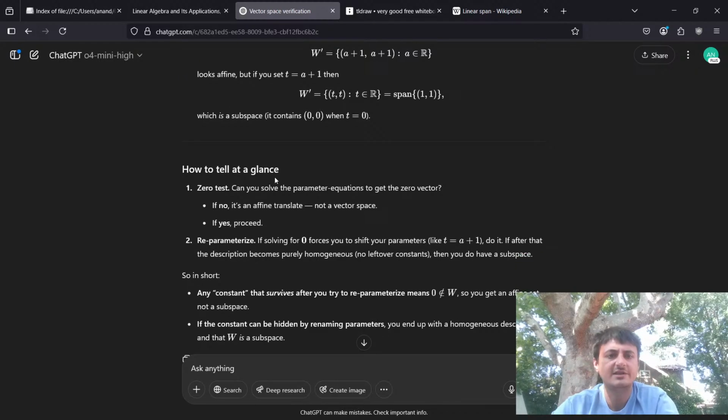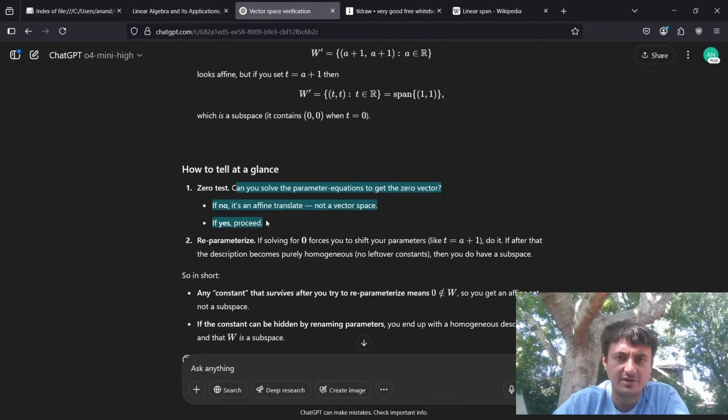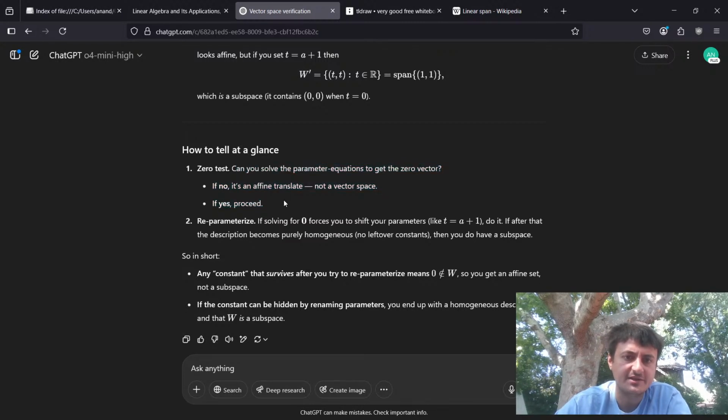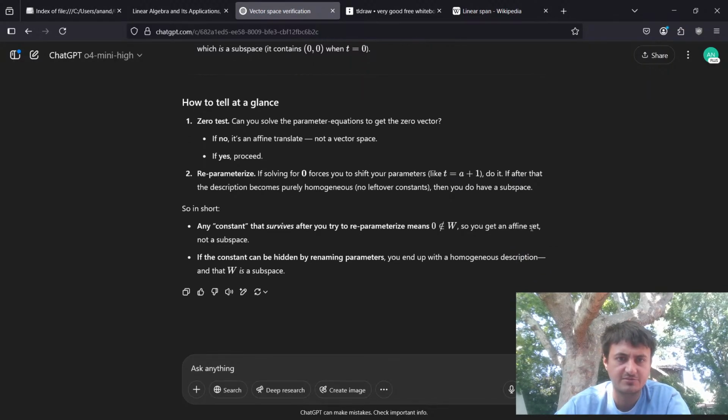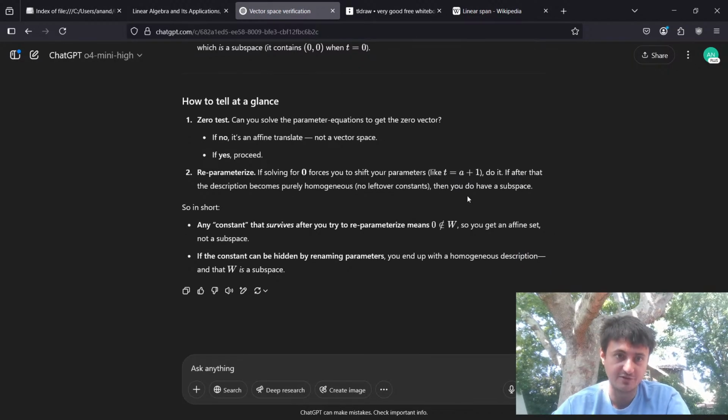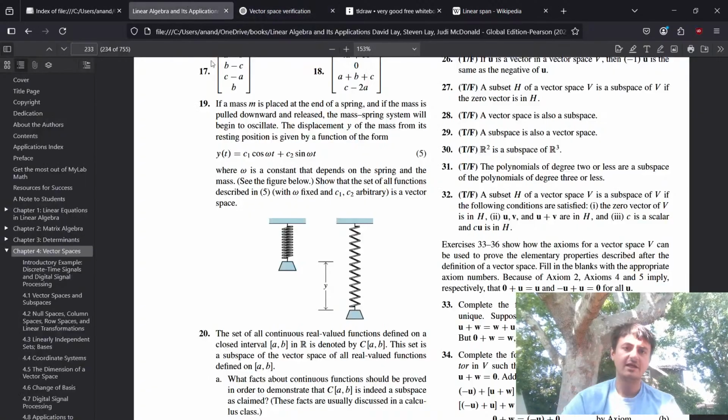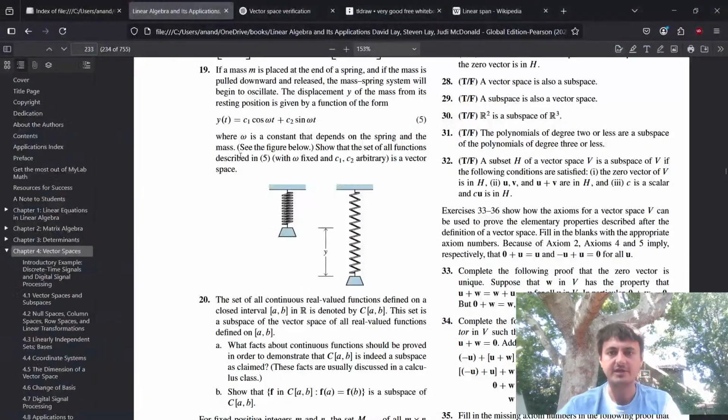So how to tell at a glance: can you solve the parameter equations to get the zero vector? If no, it's an affine translate and not a vector space. If yes, proceed and reparameterize. If solving for zero forces you to shift parameters, do it. If after that the description becomes purely homogeneous, then you do have a subspace. Okay, so that was actually very insightful and a good clarifier.